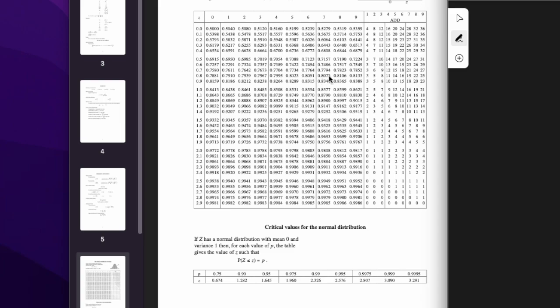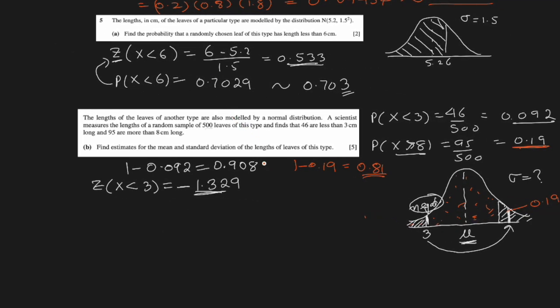So what do we get? 0.878. That's the Z score for X less than 8. So we got the Z score for both. Now we can find the mean and standard deviation as they are asking us.